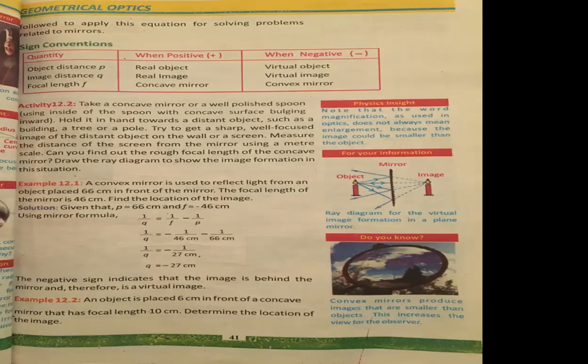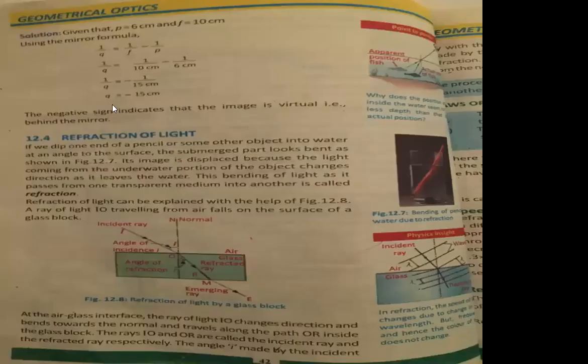Then we discussed example 12.2. In 12.2, we consider a concave mirror, and in the case of a concave mirror, focal length is positive and p is positive as well. I use this formula since I want the image distance q. So I separate out 1 over q is equal to 1 over f minus 1 over p. f is 10 centimeter and p is 6 centimeter.